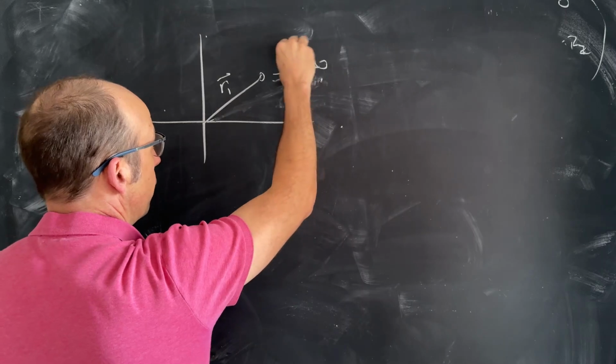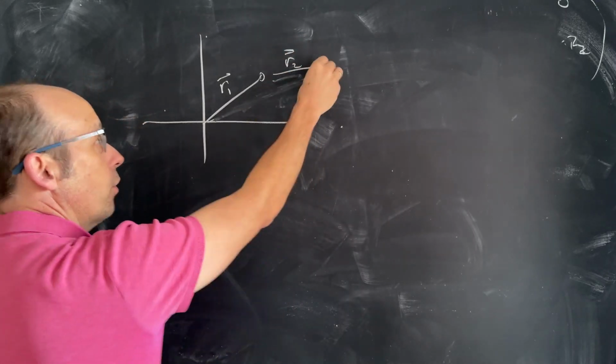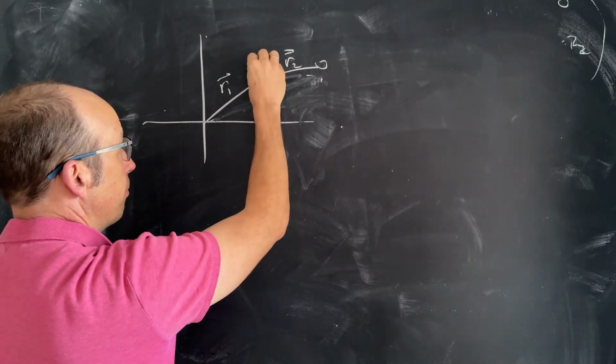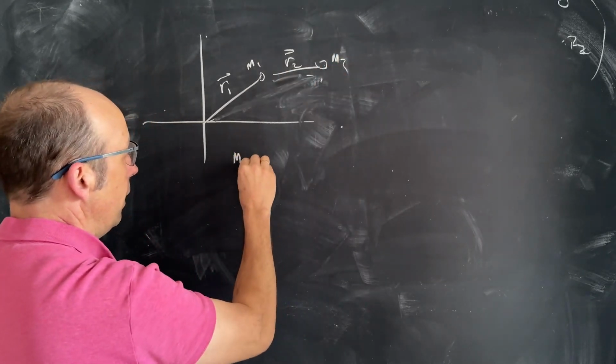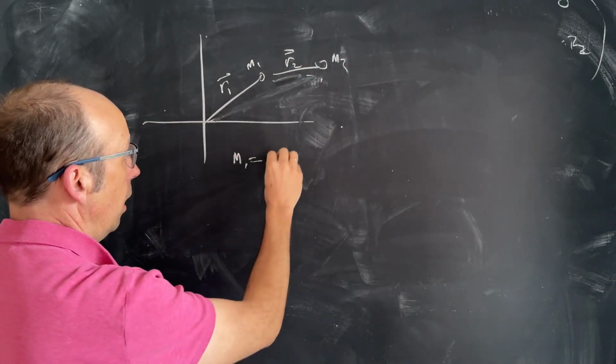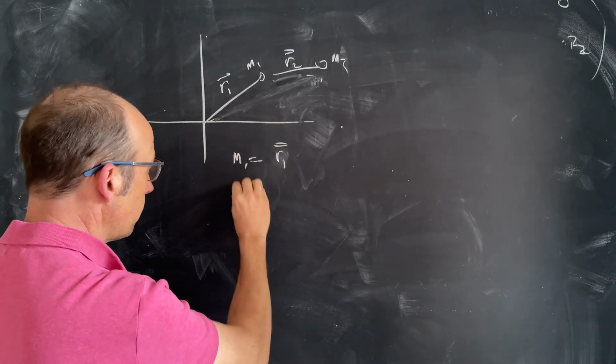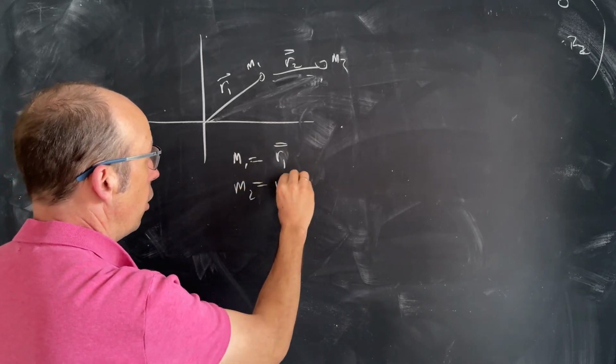So that's the vector R2. Then the location of that mass, we'll call this mass 1, M1, M2. So M1 is going to be equal to R1. M2 is going to be equal to R1 plus R2.